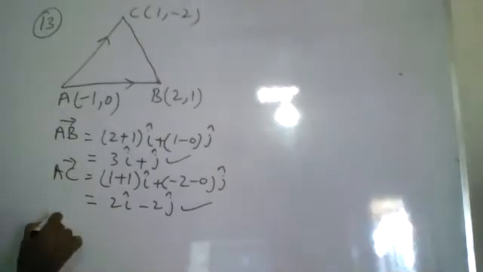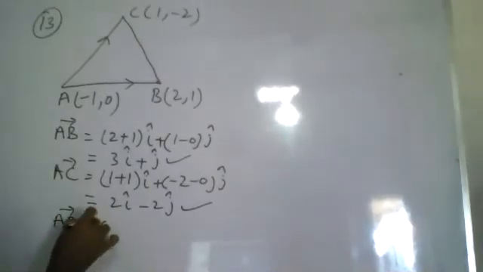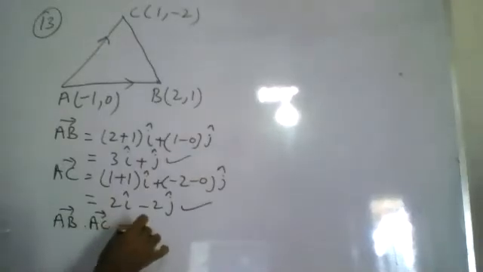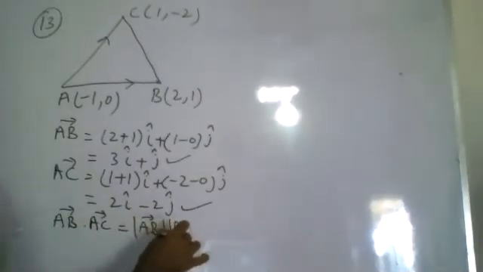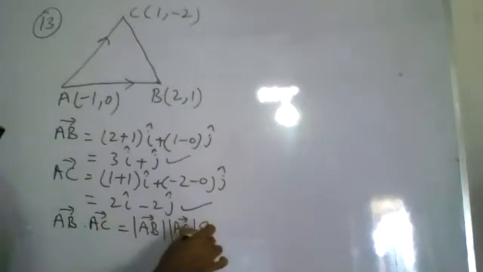So we will take AB dot AC equal to magnitude of AB into magnitude of AC into cos of theta.